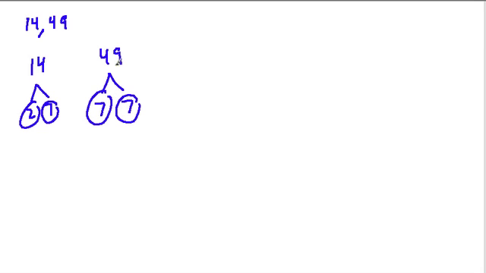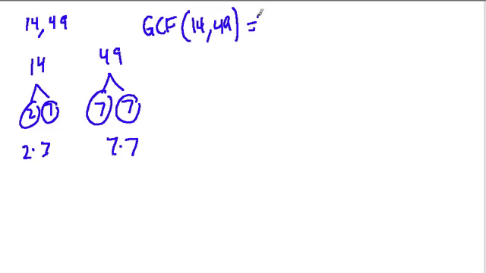What's the greatest common factor? Well, 14 is made from 2 times 7. 49 is made from 7 times 7. But what do they have in common? Well, the largest factor they have in common is just one 7. So the GCF of 14 and 49 just equals 7.